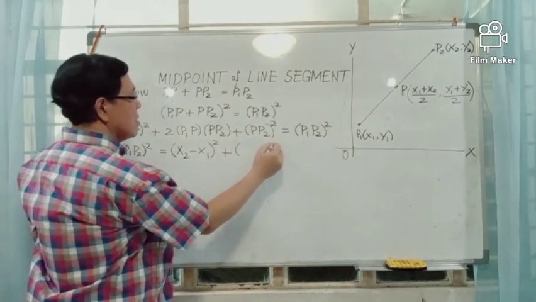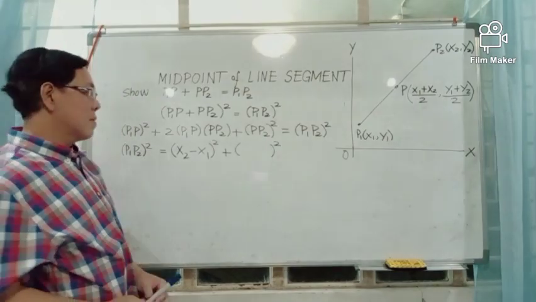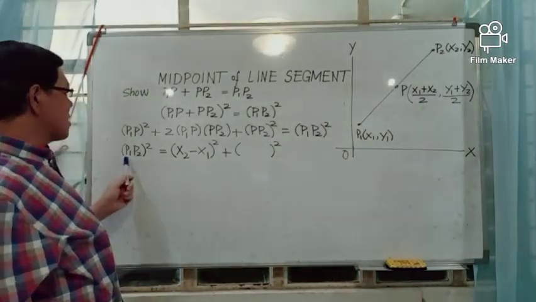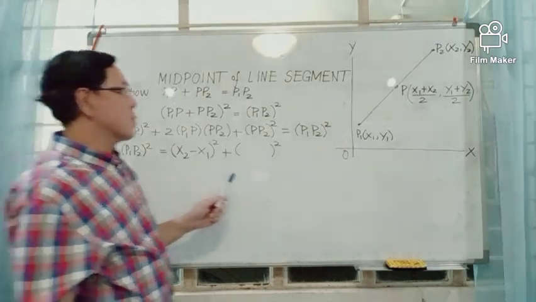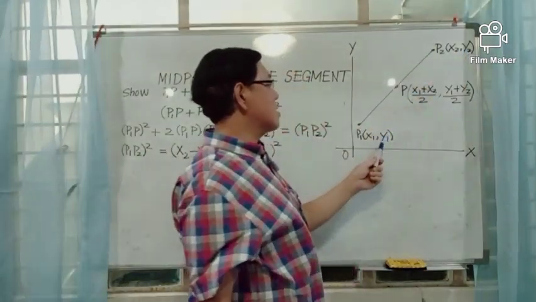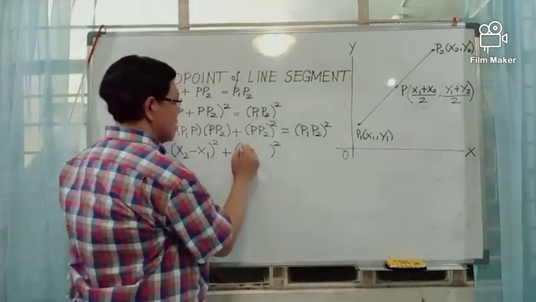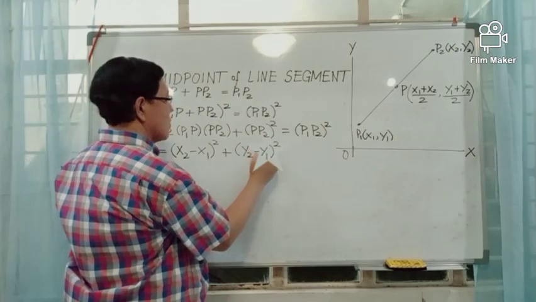Plus the square of the difference of the ordinates of P1 and P2, the square of the difference of the ordinates y2 and y1, y2 minus y1.